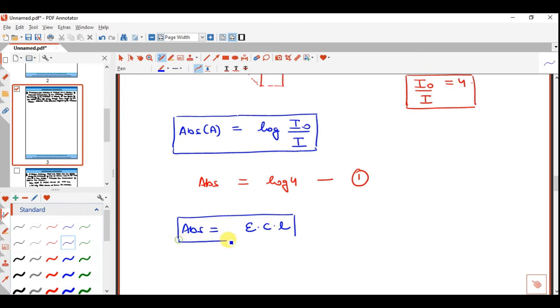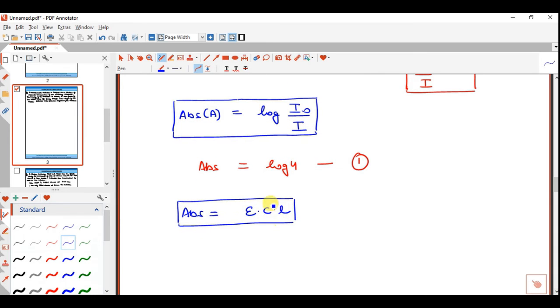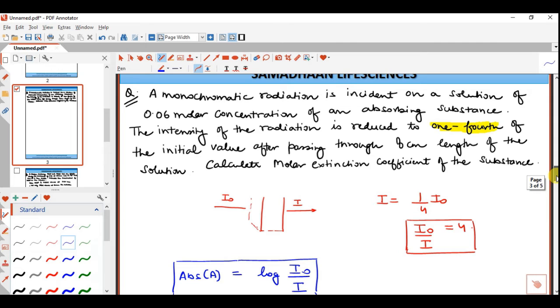Now since we have calculated absorbance from the first equation, we can use this log 4 value over here in the absorbance, and we can equate it to epsilon C into L. And you already know all the other things. You just need to calculate molar extinction coefficient, and everything else has been given to you, isn't it?